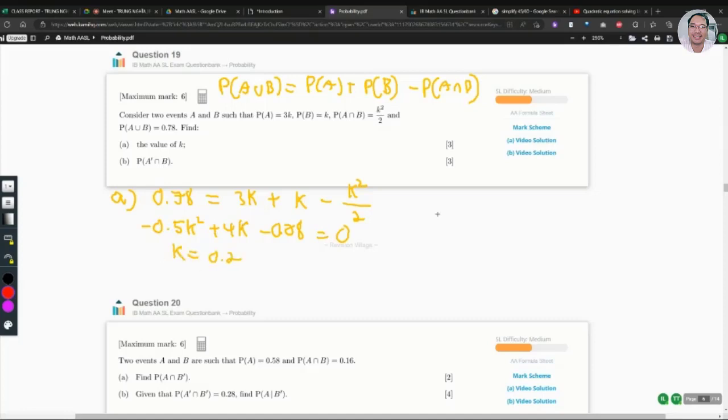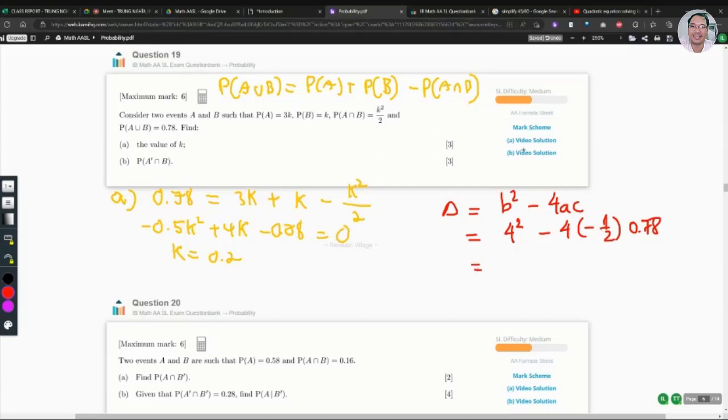Delta is b squared minus 4 times ac. b is 4, so it is 4 squared. 4 times a, which is minus 1/2, and c is 0.78.